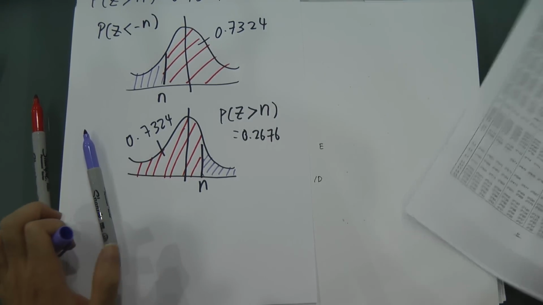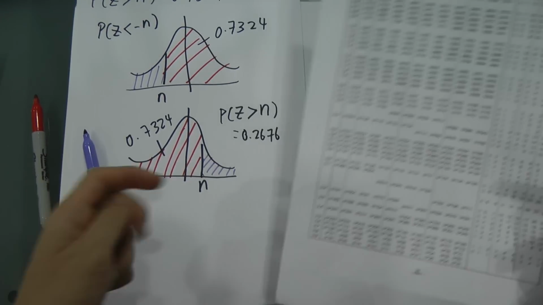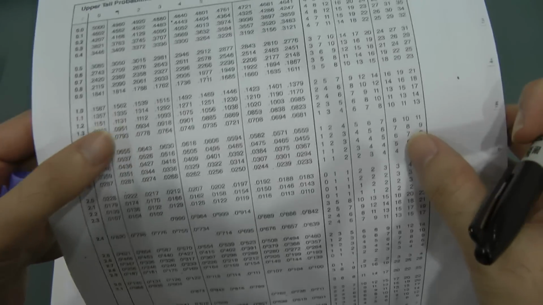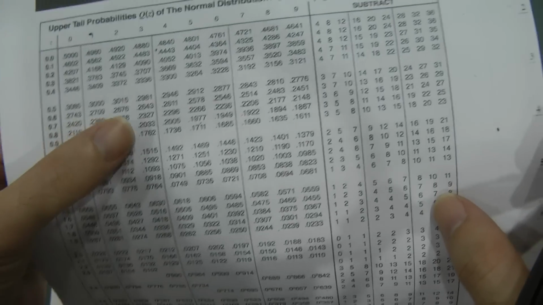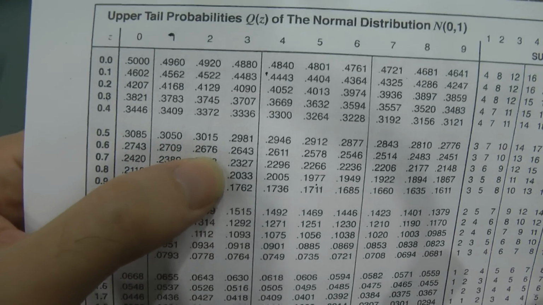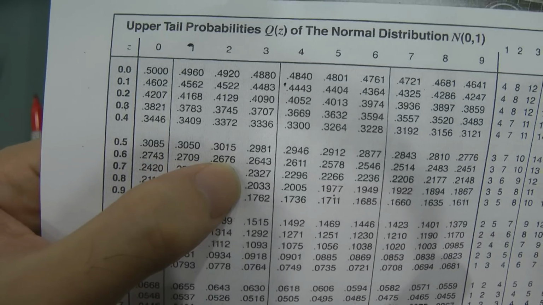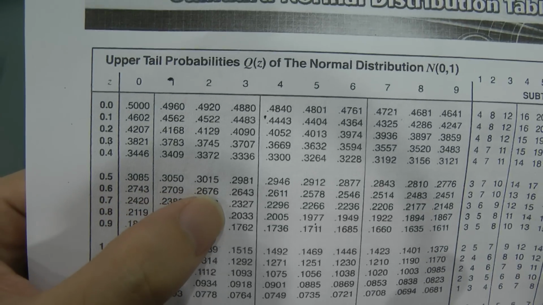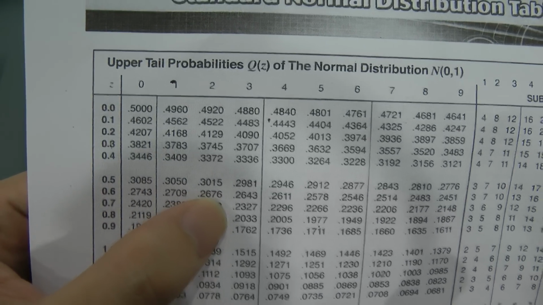If you understand this one, I faster find the table here, 0.2676. So 0.2676 is this value. Do you see this value? This value is 0.62.